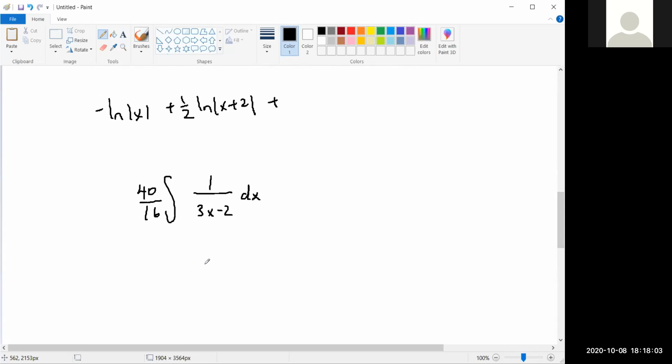What we need to do is do a quick u substitution. So let u equals 3x minus 2. So du equals 3dx. So if we do that, then we have 40 over 16 integral 1 over u, and then this is du over 3, right?